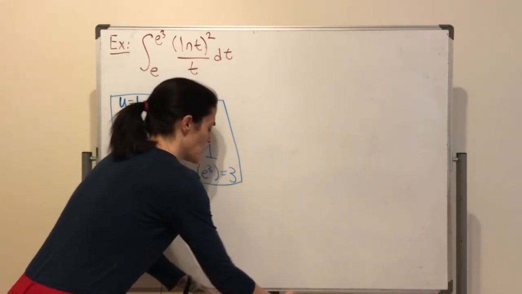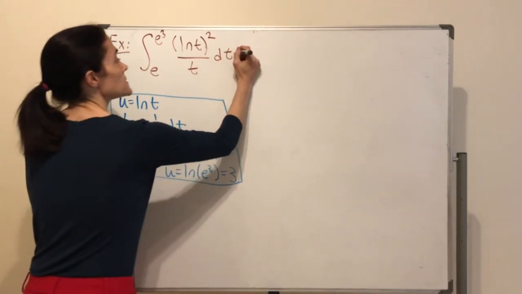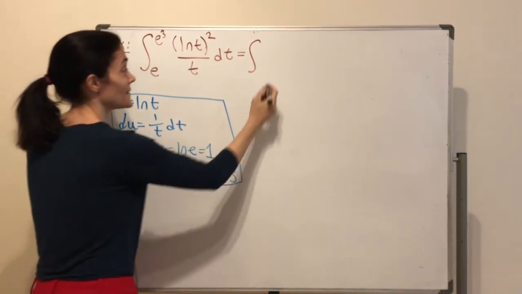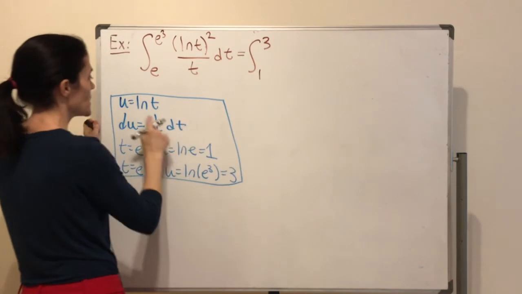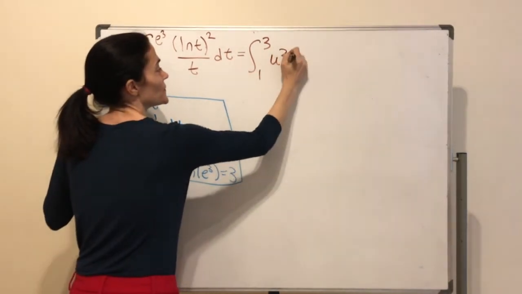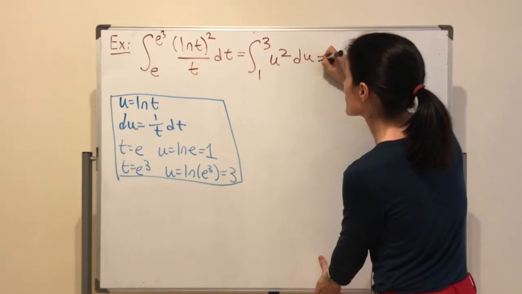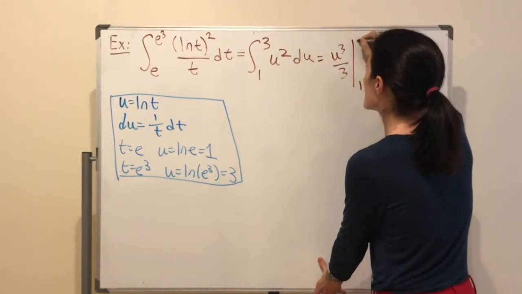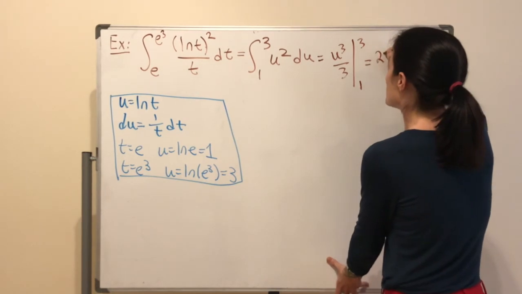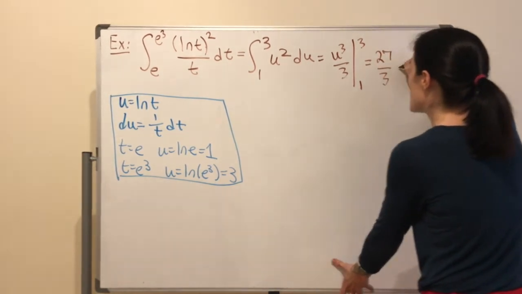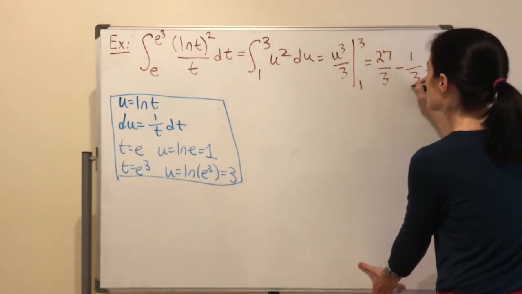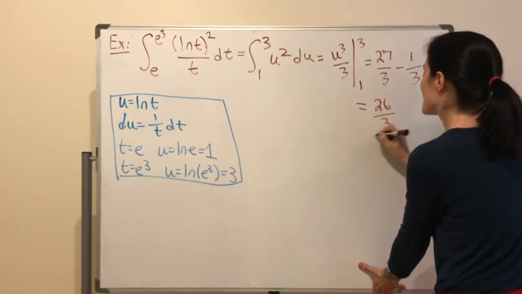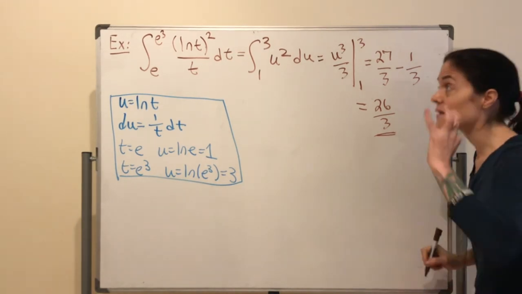And then this integral goes from 1 to 3, and then we just have u squared du. This is u cubed over 3 evaluated between 1 and 3. We have 27 over 3 minus 1 over 3. The answer here is 26 over 3. Okay, this is the value of this definite integral.